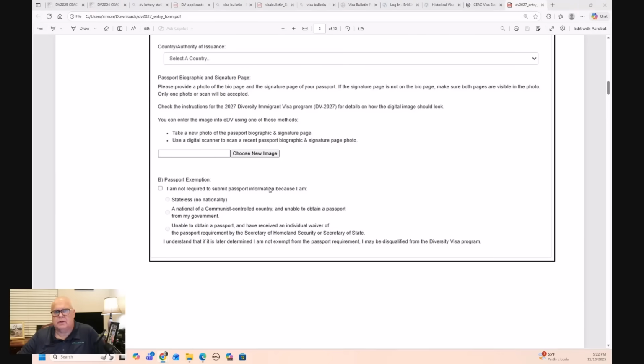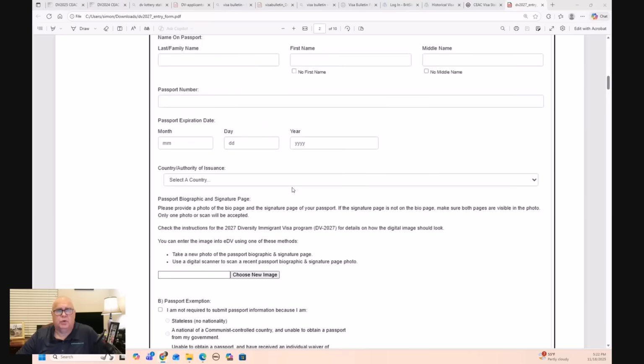So if you're stateless, or if you're a national of a communist-controlled country where you can't get a passport and so on, there's a couple of distinct exceptions that are mentioned here. But generally speaking, if they implement the passport rule, you will have to have a passport that is unexpired on the day that you enter the lottery process, and that is only for the principal applicant.